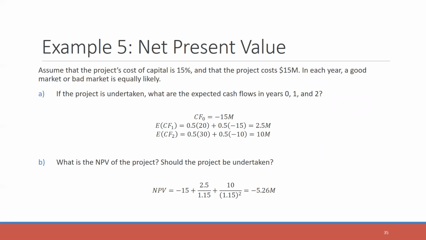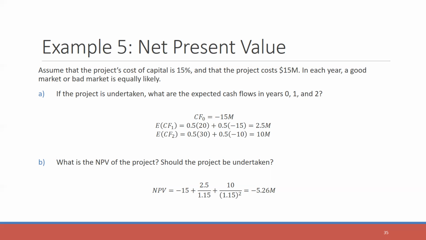Okay, part A: if the project is undertaken, what are the expected cash flows in year 0, 1, and 2? Year 0, negative 15 million, because the project costs 15 million. What about year 1 and year 2? For year 1 and year 2, we're going to take an average. We know that both states of the world are equally likely. You're going to hear this language over and over: we're going to talk about states of the world.